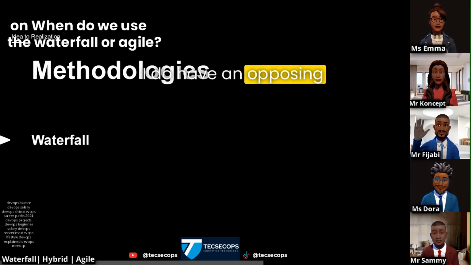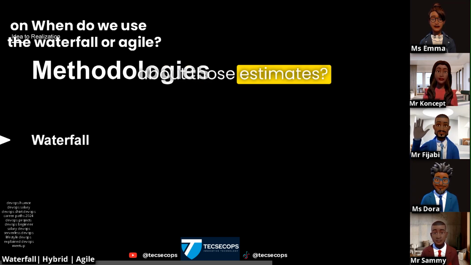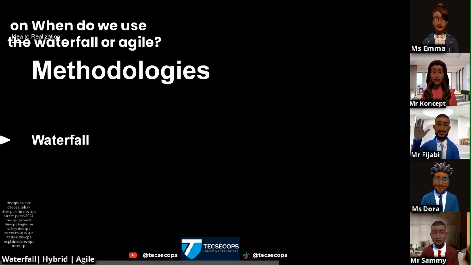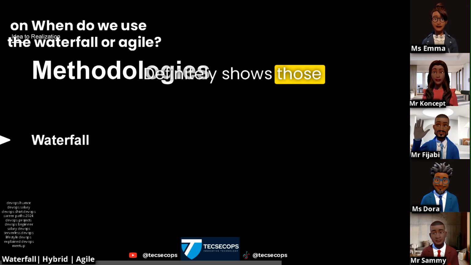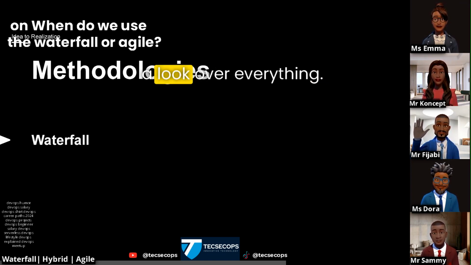I do have an opposing question to that, sir. I think we'll have to redefine those, because how sure are we about those estimates? If they actually defined it and are no longer there to fulfill it, that definitely shows those definitions were not right. So we might have to take a look over everything.